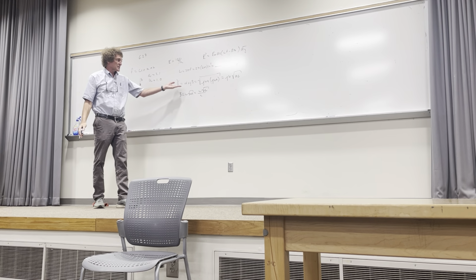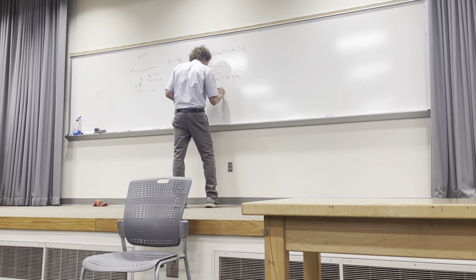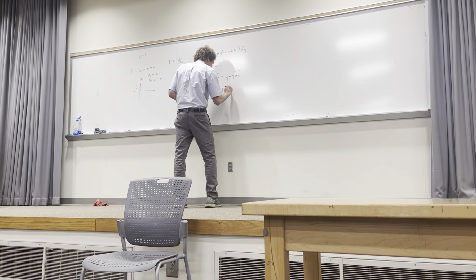The propagation constant: alpha is 0, and this is beta. Mu epsilon is the square root of mu naught epsilon naught times the square root of mu relative epsilon relative. The square root of mu naught epsilon naught is 1 over c. So this equals 2 pi times 600 times 10 to the 6 over c, which is 3 times 10 to the 8, times the square root of 2.1.